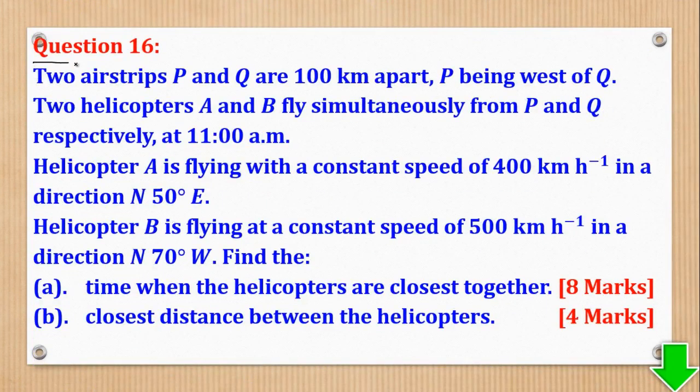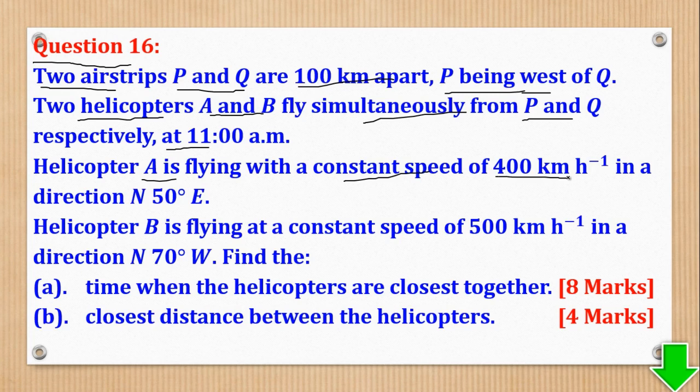So now we shall go to question 16, which says, two airstrips P and Q are 100 kilometers apart, P being west of Q. Two helicopters A and B flying simultaneously from P and Q respectively at 11 a.m. Helicopter A is flying with a constant speed of 400 kilometers per hour in the direction north 50 degrees east.